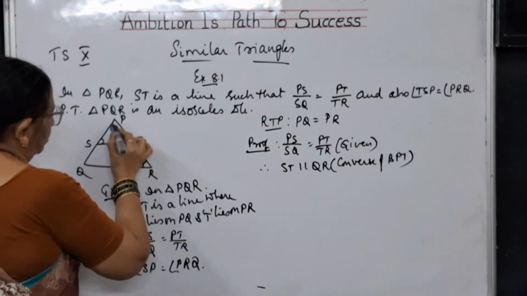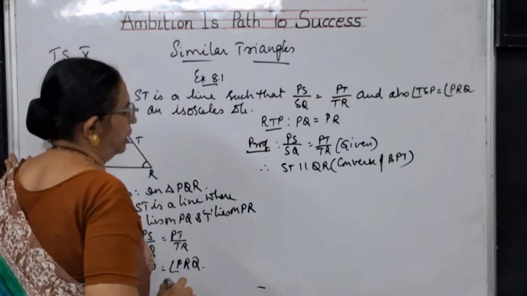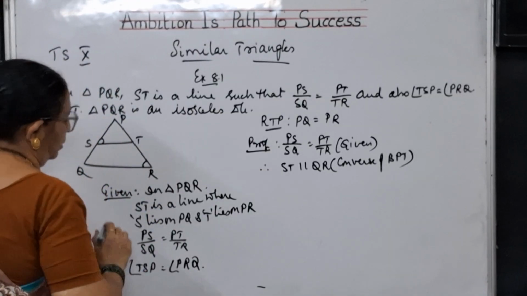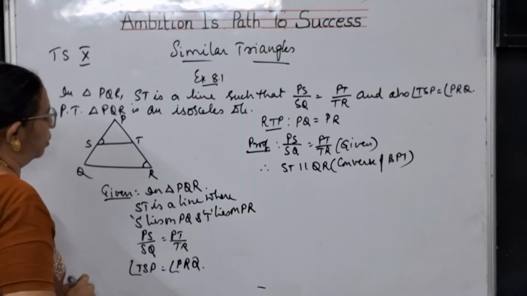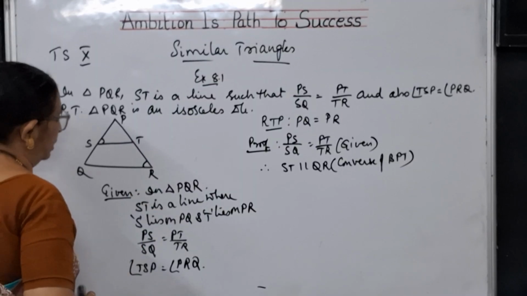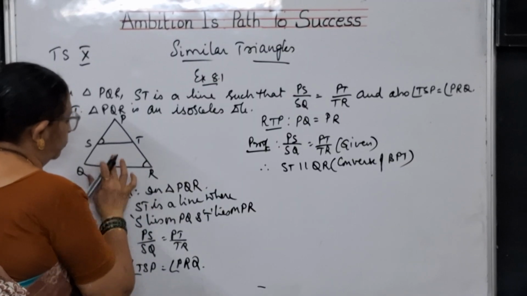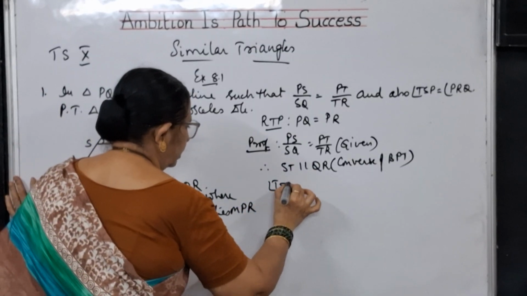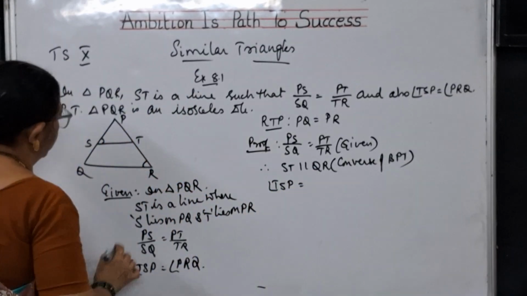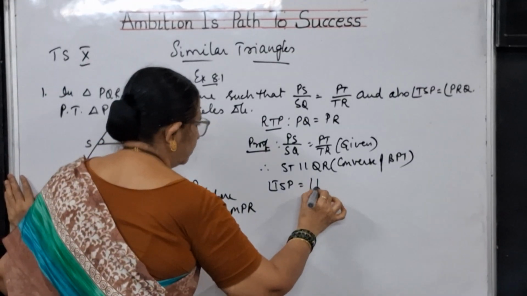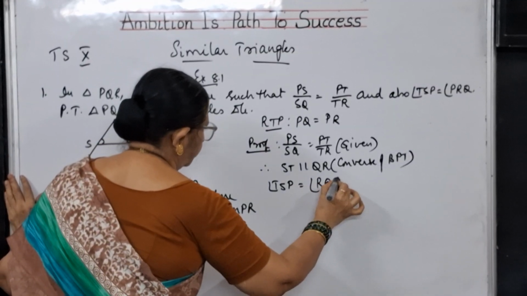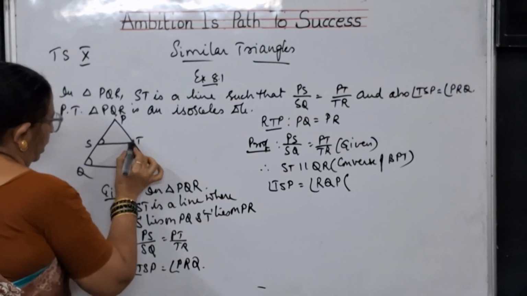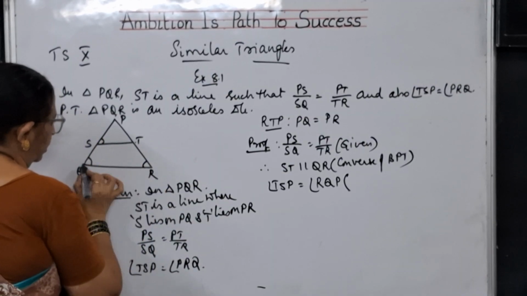If a line divides any two sides of a triangle in equal ratio, then this line is parallel to the third side. So ST is parallel to QR. So when it is in this way, these two are parallel lines, then angle TSP will be equal to angle RQP.